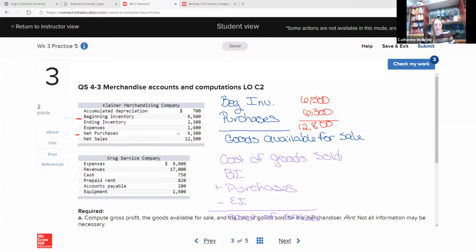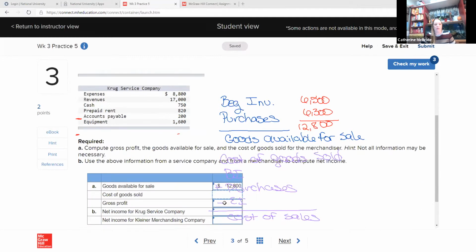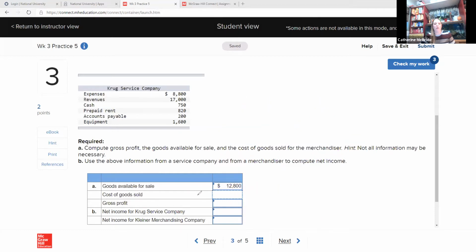Or if I have goods available for sale, oh, I think I'm going to have to erase this. If I have goods available for sale, I can see that for my cost of goods sold, I'm going to subtract my ending inventory.